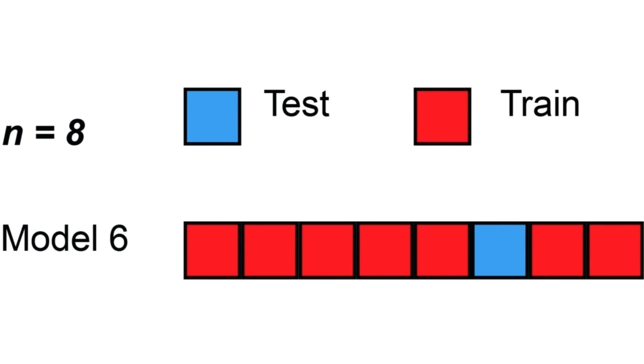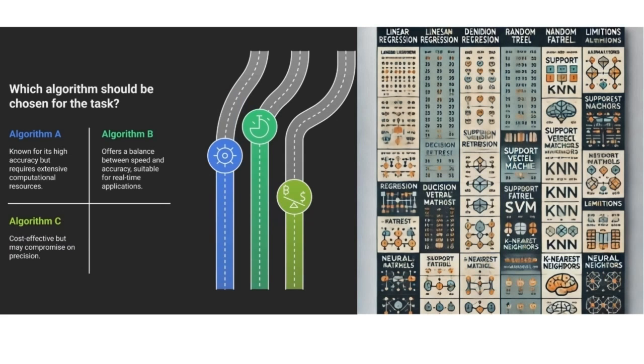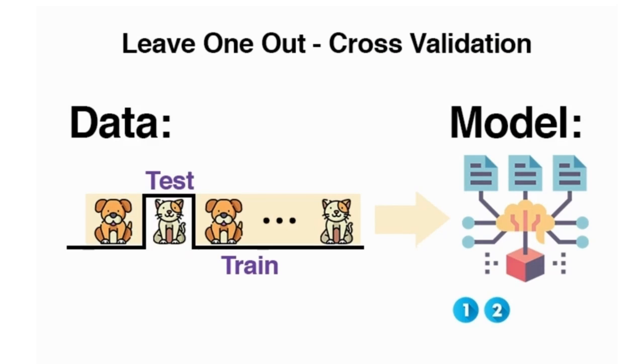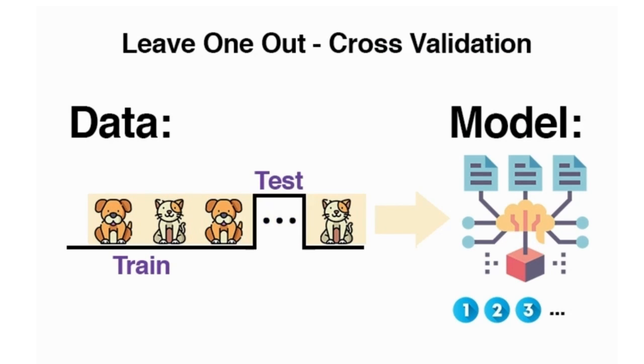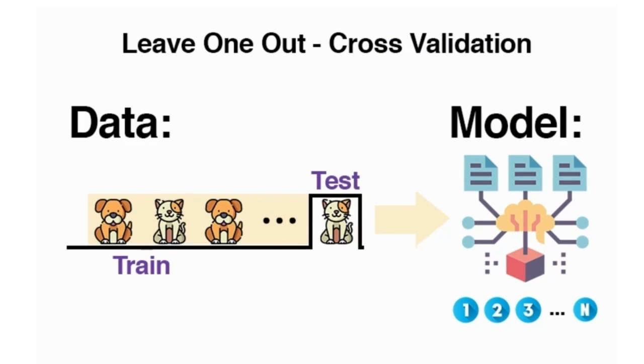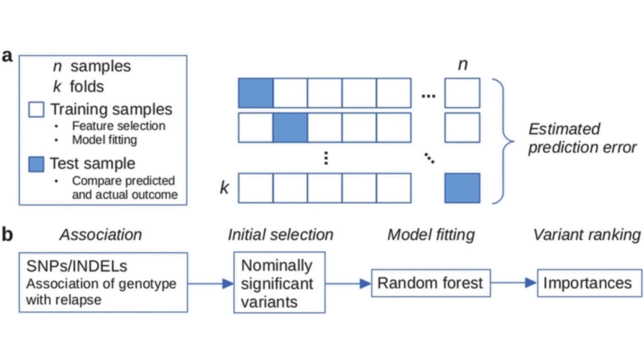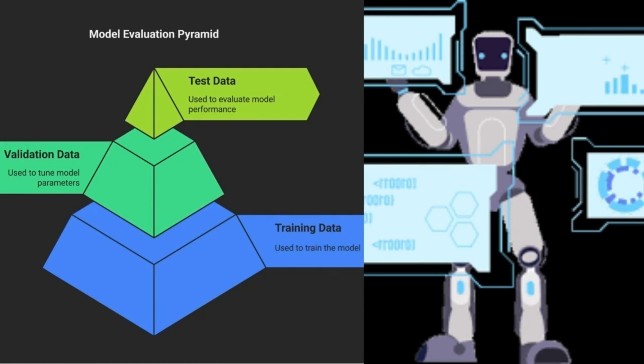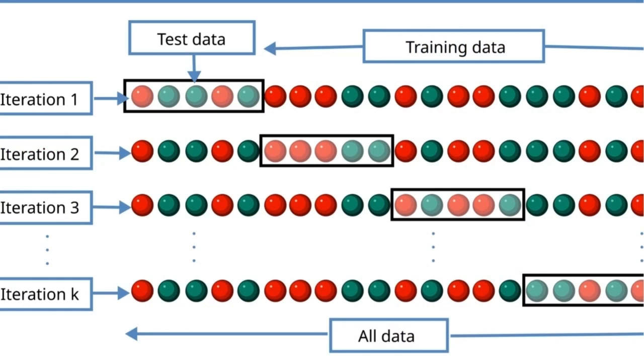The validation set, comprising 10 to 15% of the data, helps in tuning hyperparameters and preventing overfitting. Finally, the test set, also around 10 to 15% of the data, is used to evaluate the model's final performance on unseen data. This structured data splitting ensures that the model generalizes well and performs reliably in real-world applications.